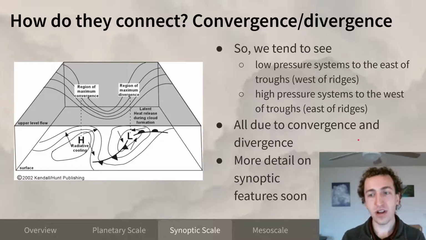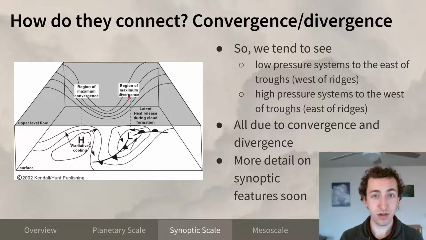And this is all, again, due to convergence and divergence, where we tend to get this pattern showing up, where convergence creates downward motion, which results in high pressure at the surface, and we develop these systems here.